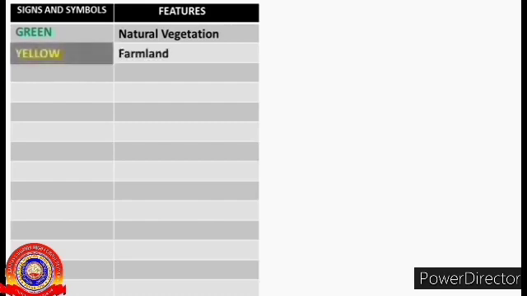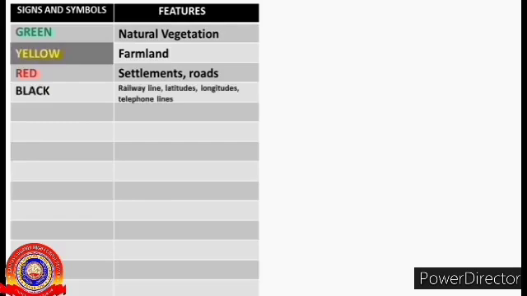Yellow for farmyard. Red for settlements and roads. Black, railway line, latitudes and longitudes, telephone lines. Blue, water bodies. Brown, rock cut crops, sand dunes, hills.